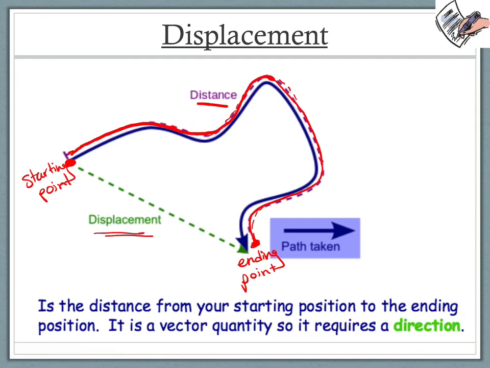Okay, so distance doesn't require a direction because you can just kind of mosey around. But displacement is the direct distance from the starting to ending point, and then of course also needs the direction that you've headed in, or the direction of your displacement.